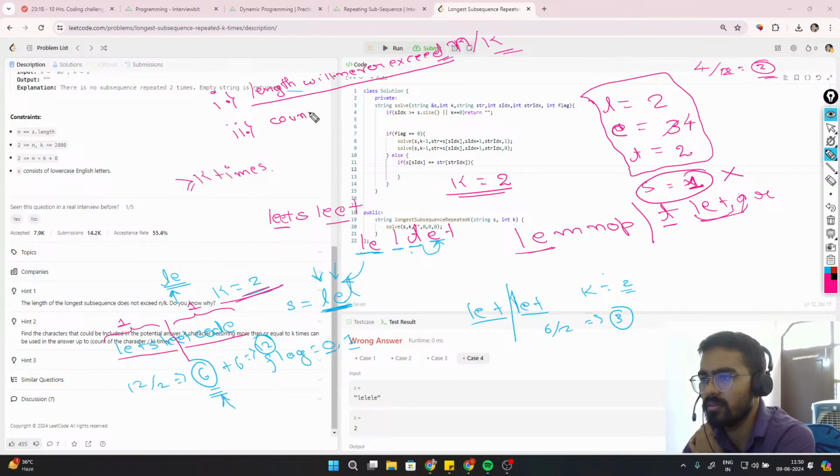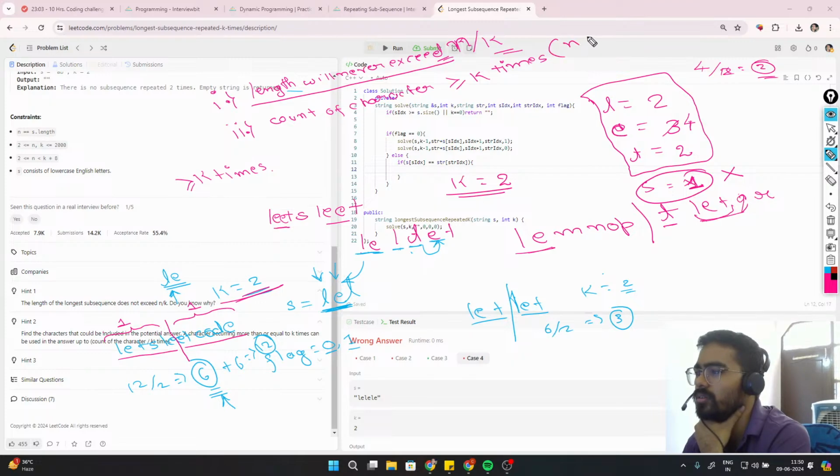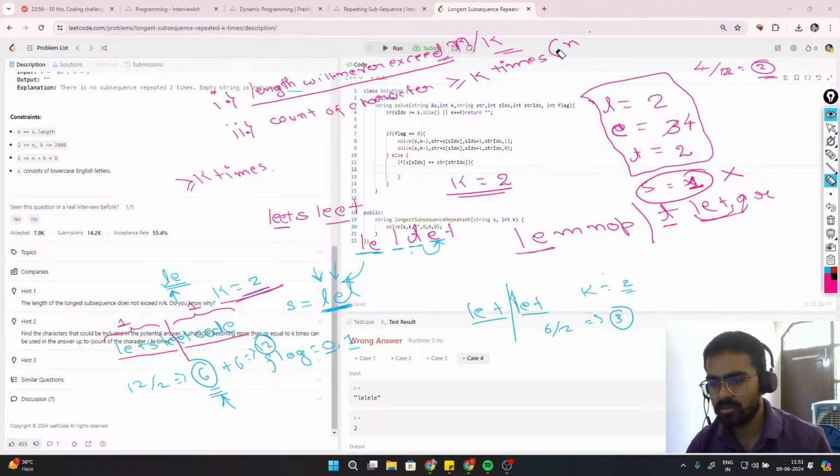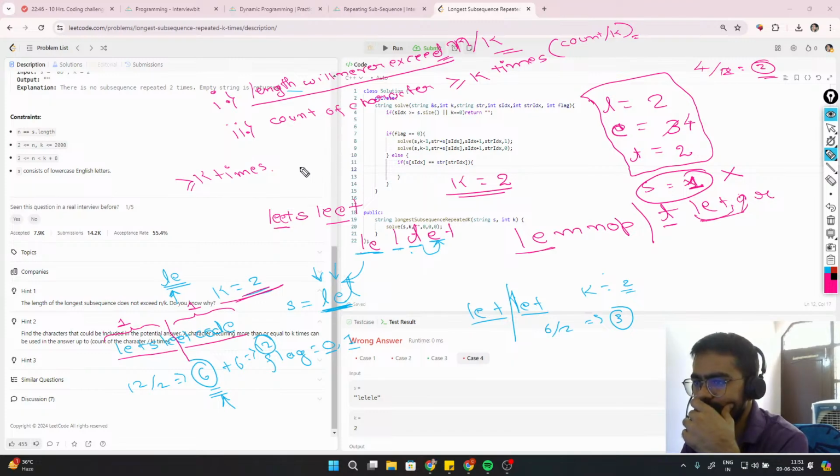Means count of character is greater than or equal to k times, so count divided by k. That is the second insight.